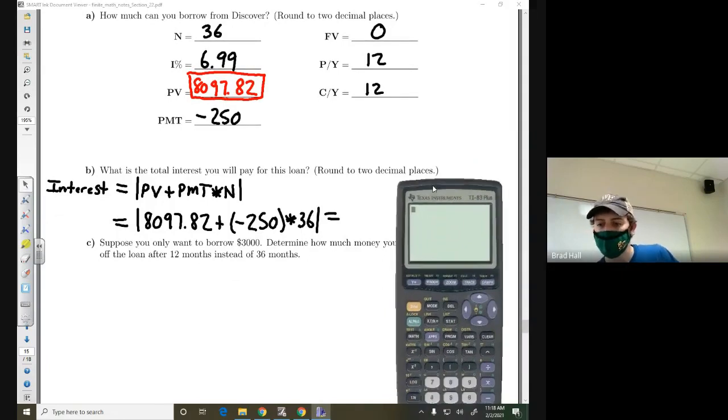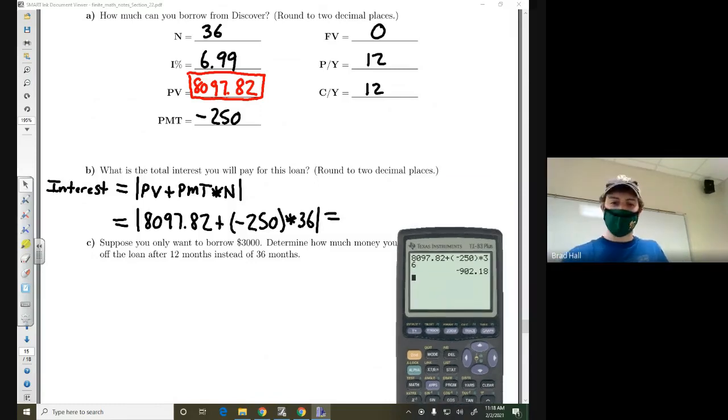So I'll just ignore the absolute value bar. 8097.82 plus -250 times 36. The absolute value bars would tell us if your answer is negative, in the calculator just write down the positive version. So we'll do exactly that. So this is $902.18.